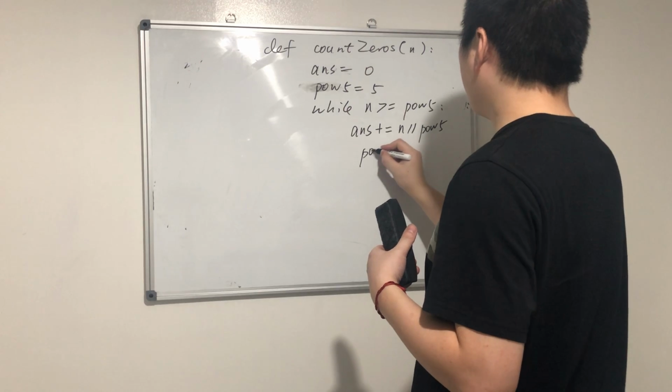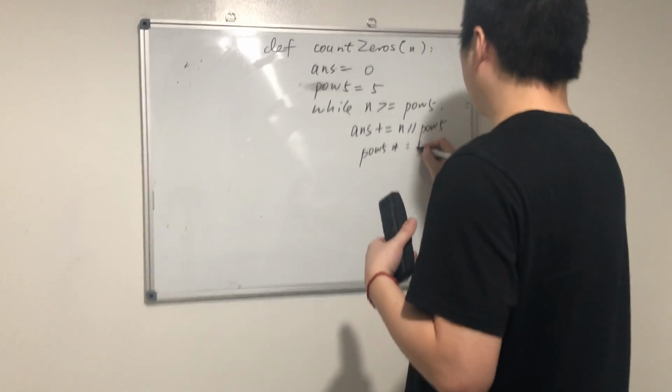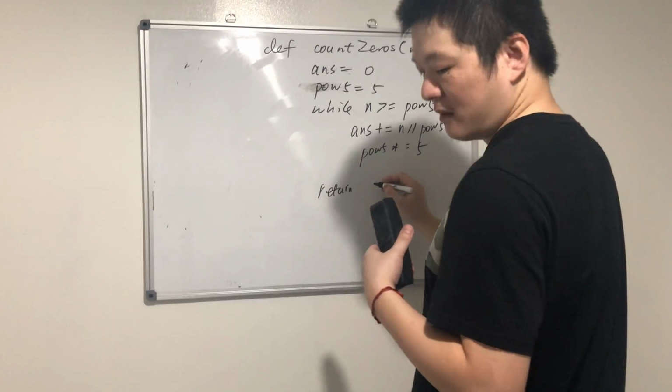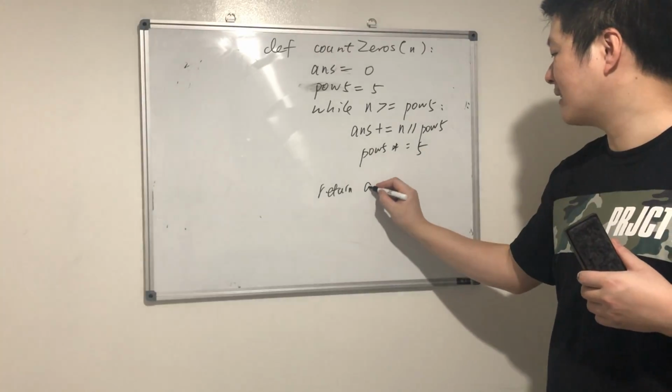And then power of 5 times equals 5. And then return what? Answer. Yes, answer.